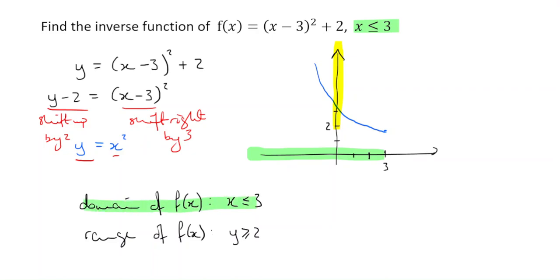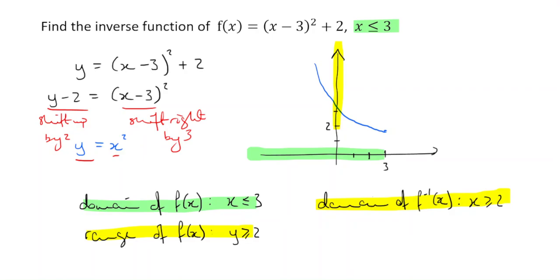It's important because, if you remember rightly, what I just said a moment ago is that the domain of the inverse function should be the same as the range of the original function. So in other words, if the range of the original function is y is greater than or equal to 2, the domain of our inverse function should be x is greater than or equal to 2, because the range becomes the domain.